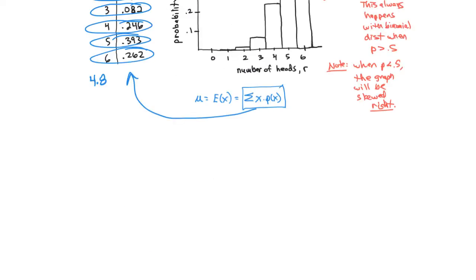So if you are ready, I'm going to show you probably the two easiest formulas in all of statistics, and they are used specifically when you have a binomial distribution, which is what we studied in 5.2 and 5.3.